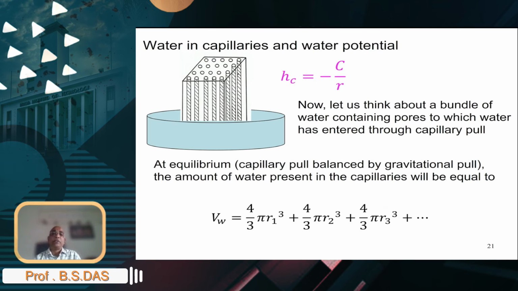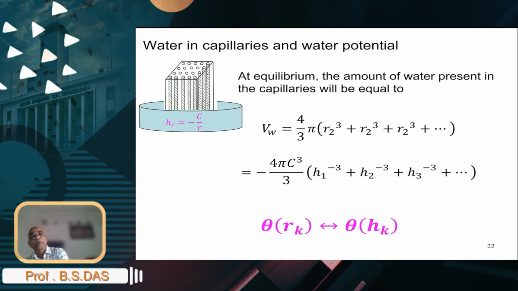At equilibrium, you will notice that some water enters into it, and if you were to calculate how much water is there at a cross section, you should be able to find the volume of water in each capillary tube, wherever the water is present.